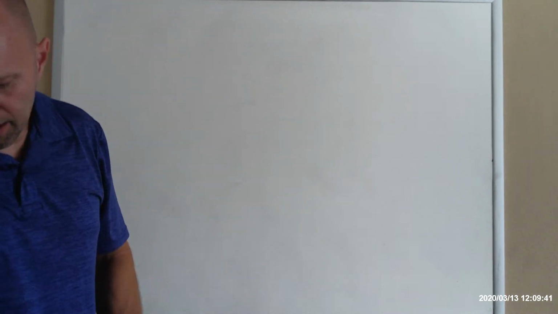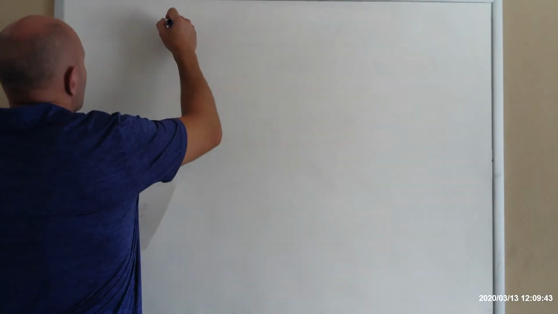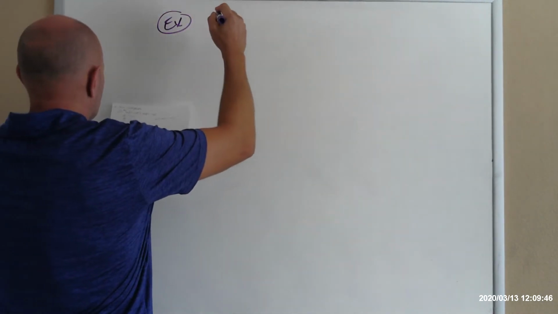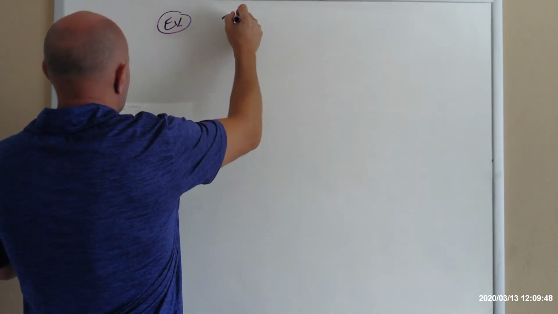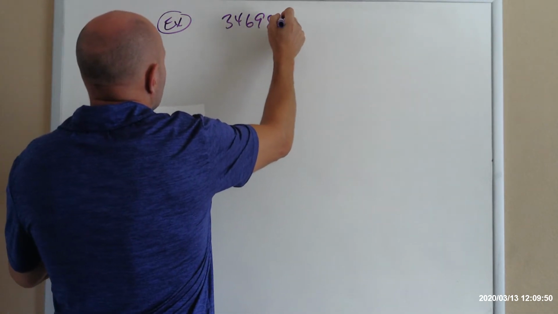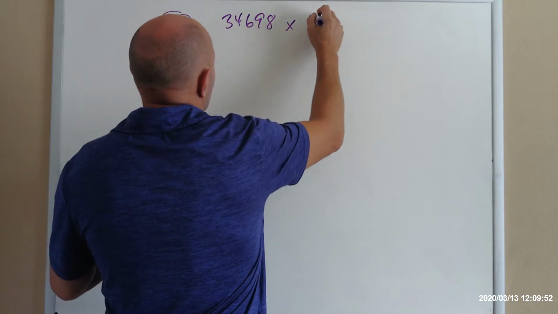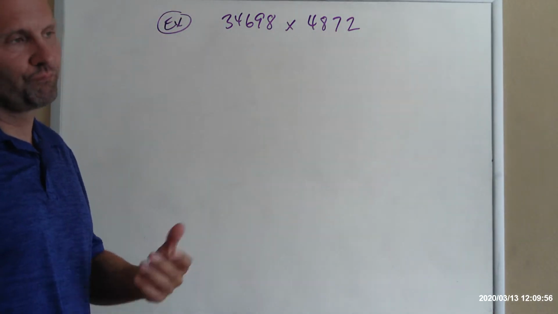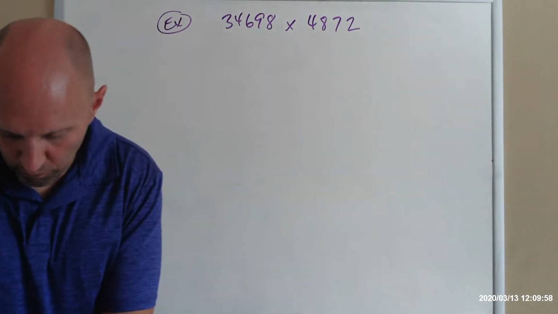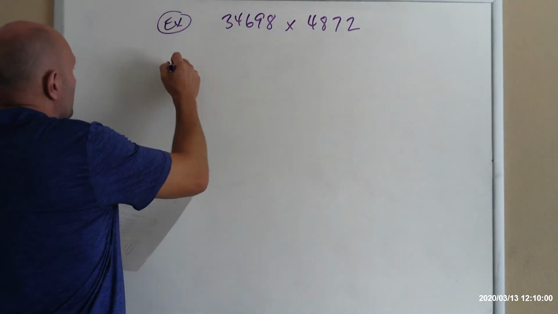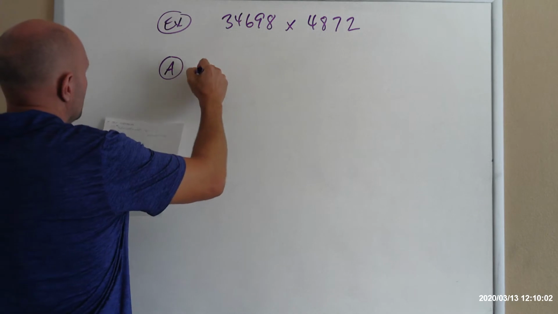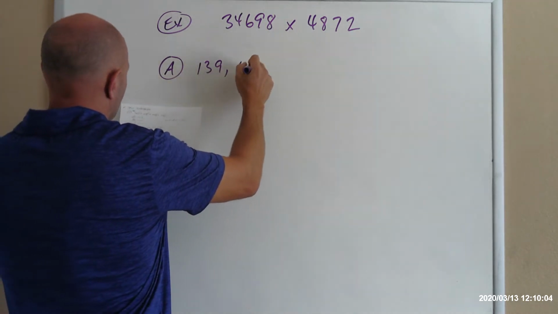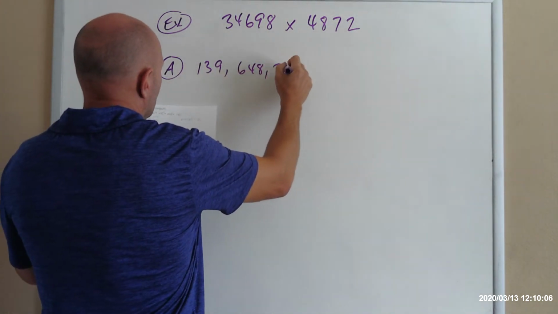For multiplication, let's say we want to multiply 34698 times 4872. So again, you could, and this is multiple choice. So A is 139,648,292.